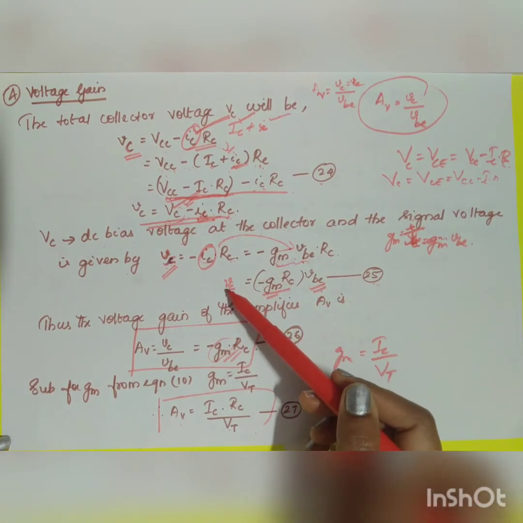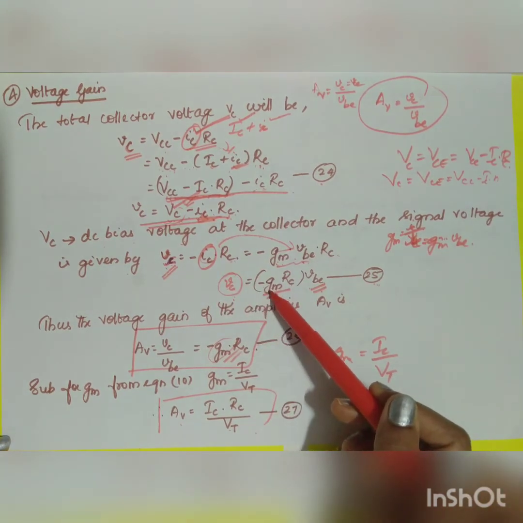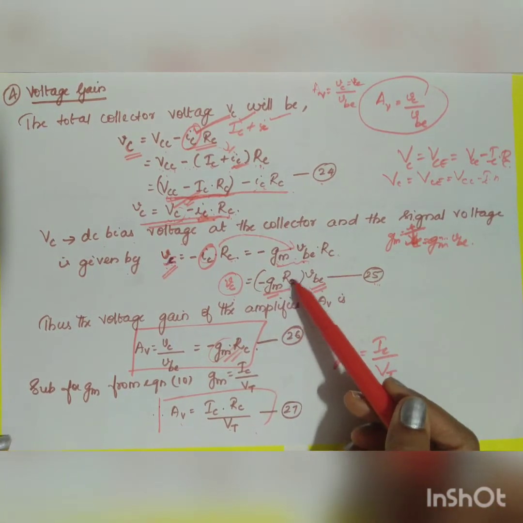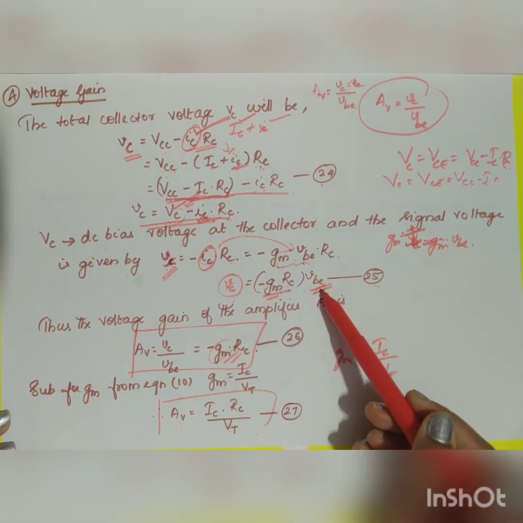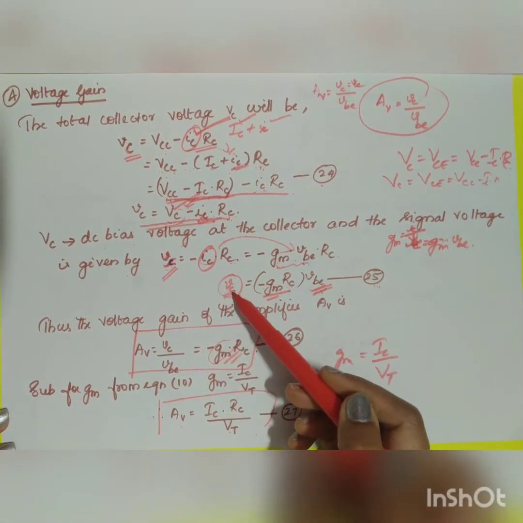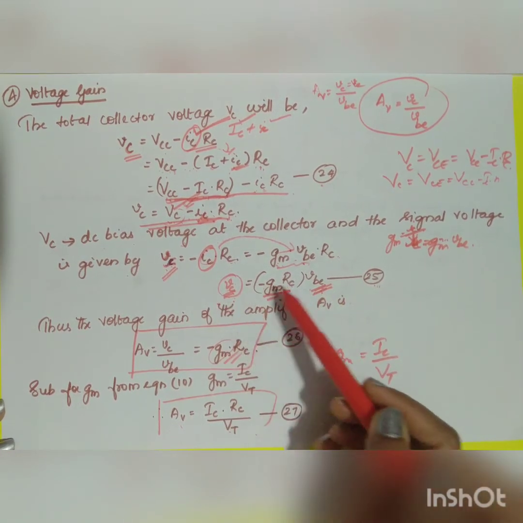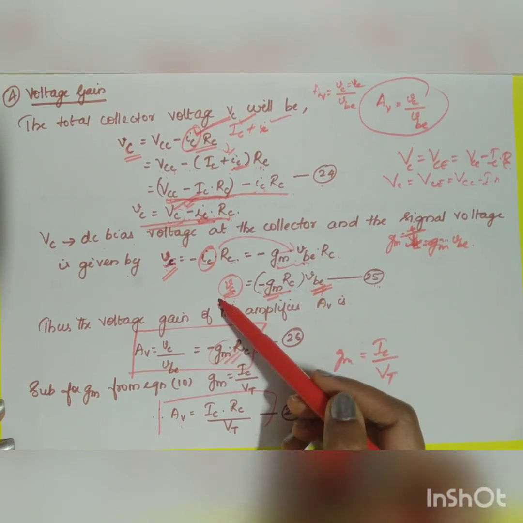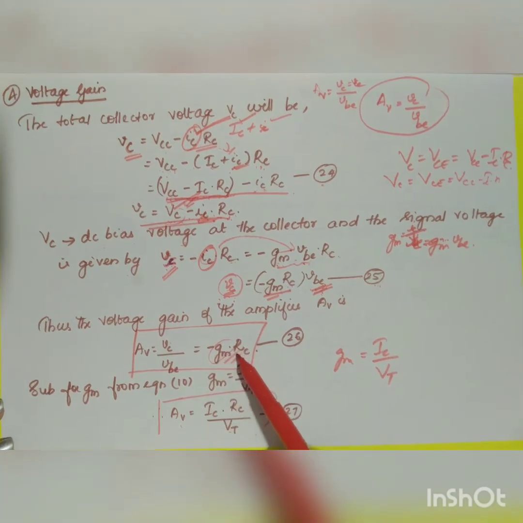So finally you can write the signal voltage, collector voltage vc, is equal to minus gm into RC into vbe. So from this equation you have vbe on the right hand side and vc on the left hand side. Now what is your voltage gain? vc divided by vbe, right? If I bring this to this side, I can write that Av is equal to vc divided by vbe, which is equal to minus gm into RC.